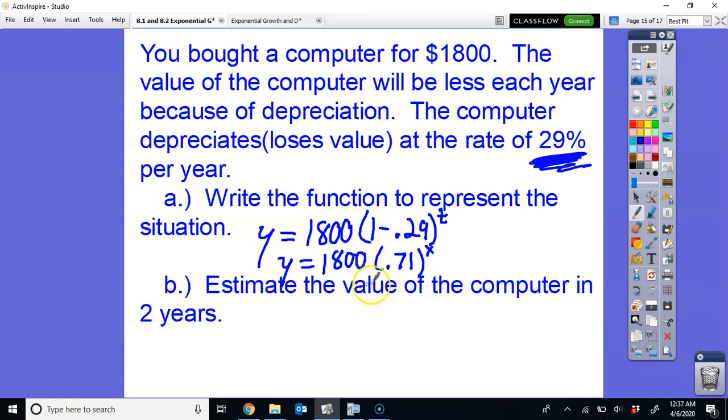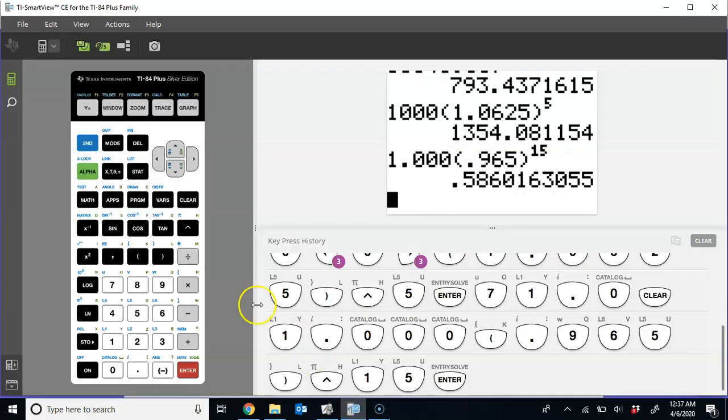Now we're going to estimate the value of the computer in 2 years. So if I want to find the value of the computer after 2 years, I do 1,800 times that 0.71 raised to the second power. Or I could do 1 minus 0.29.